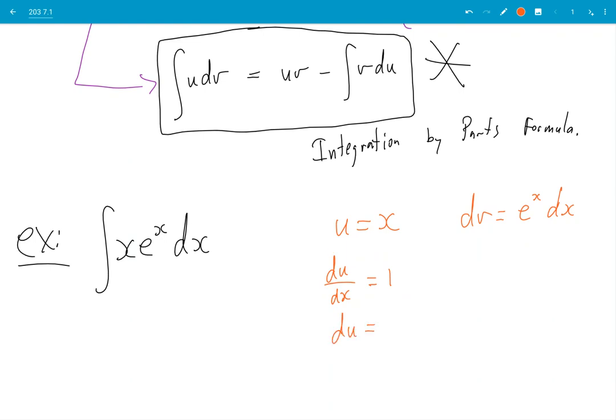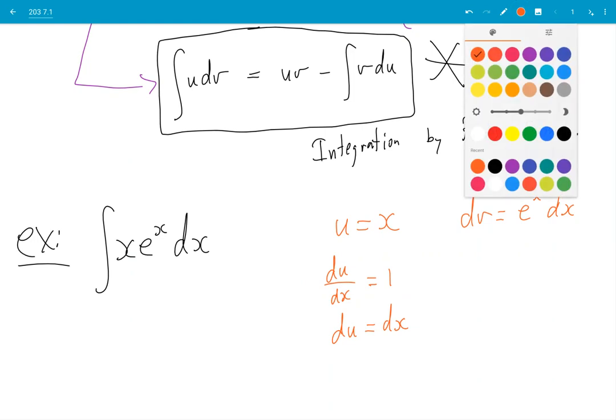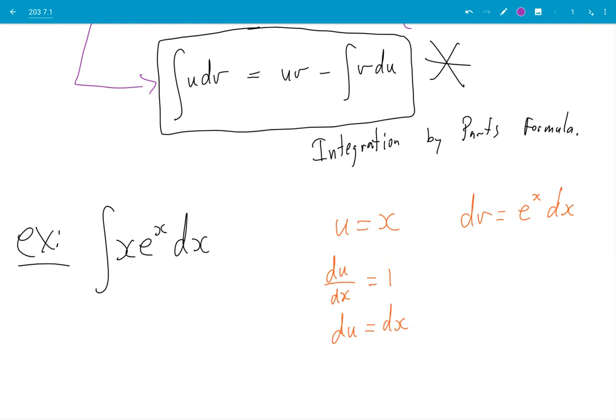So du is just the same as dx. And then to find v, you think of it as just doing an integral here. And you get v is equal to, well, just e to the x, right? When you do this.